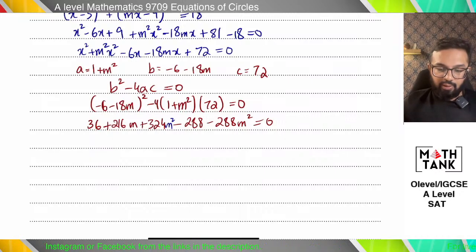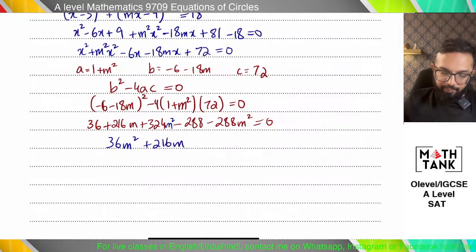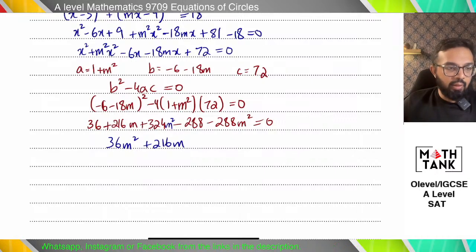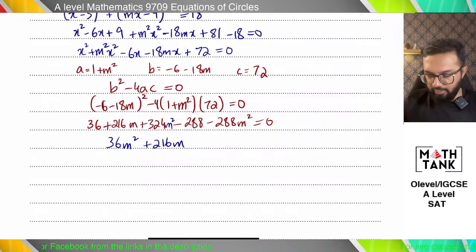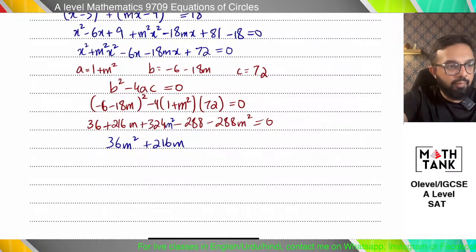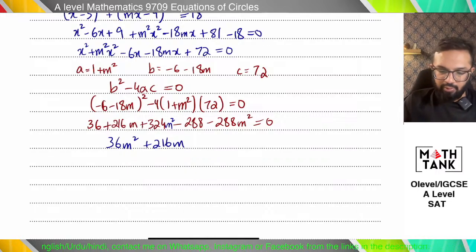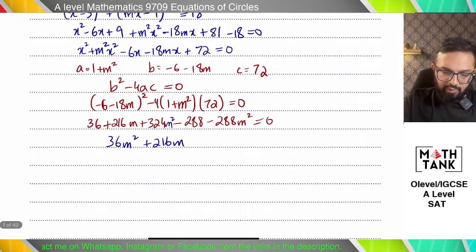That's what I was thinking, that I had the numbers different. 324 minus 288 is 36m², plus 216m. And 36 minus 288 is minus 252.